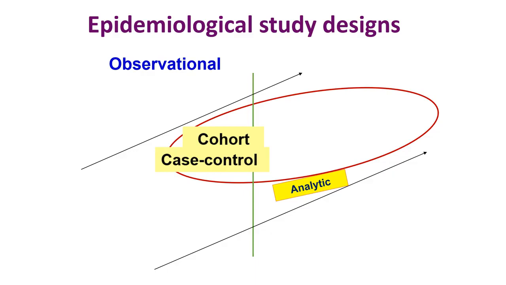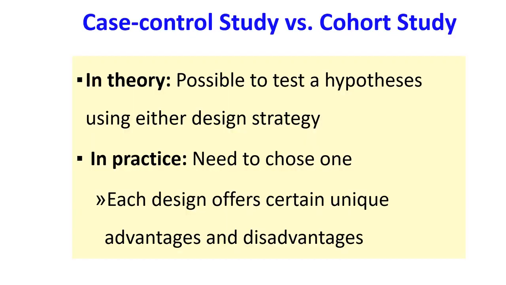The investigators just observe, they do not intervene. In theory, we can apply either a case control study or a cohort study design to test a hypothesis. In practice, we need to choose one because each of the designs has its unique advantages and disadvantages.